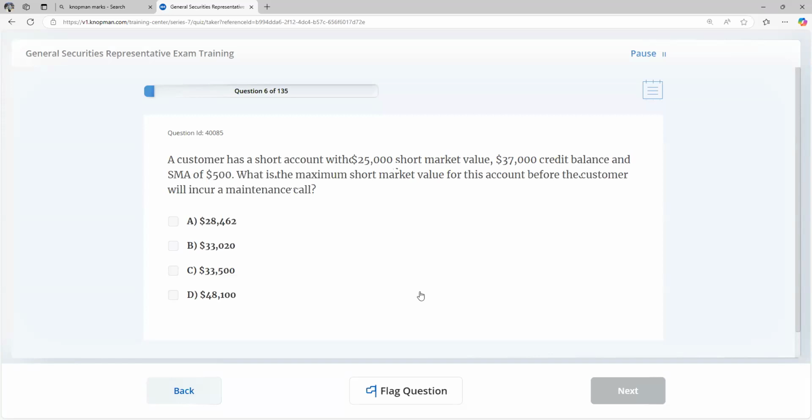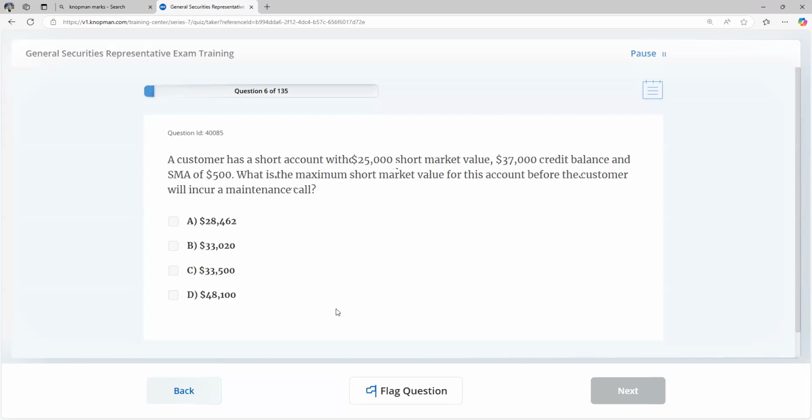Okay. What is the maximum short market value before they incur a maintenance call? Hold on one second.